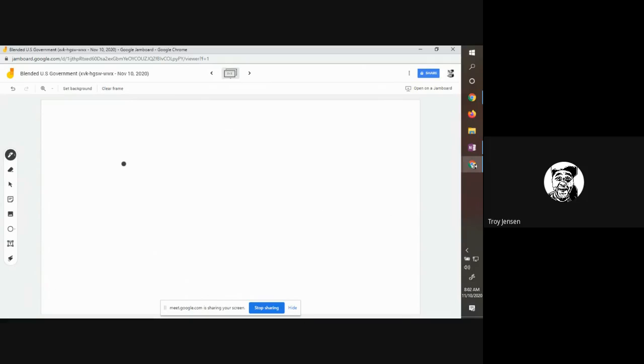Okay, so let's talk about this idea of impeachment, and then that'll help us define what the role of the House is and of the Senate.